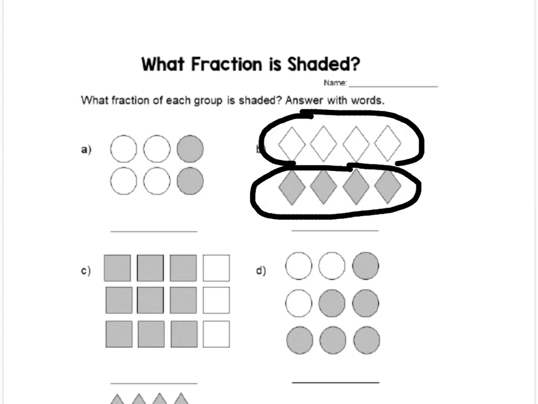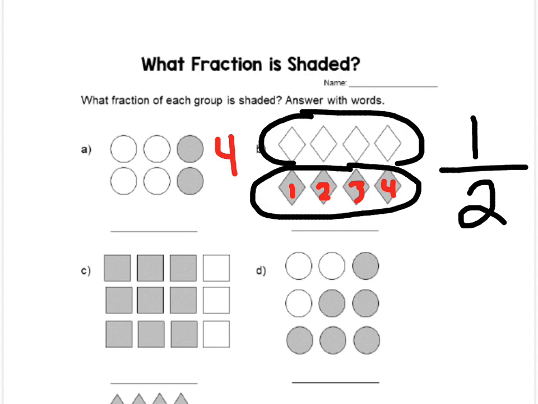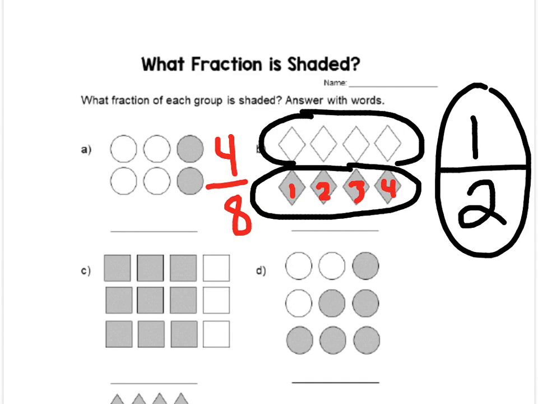So there's 2 rows, and one of those rows is colored in. So that's what we're trying to do in this worksheet. Yes, there are 1, 2, 3, 4 dots out of 8 colored in, but we were trying to get this 1/2. We're trying to put the diamonds into groups.